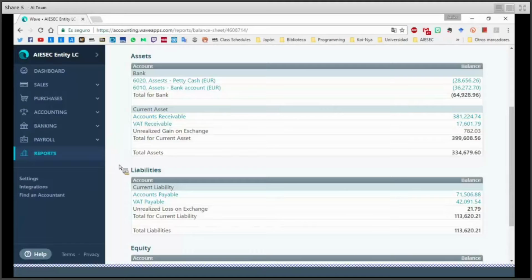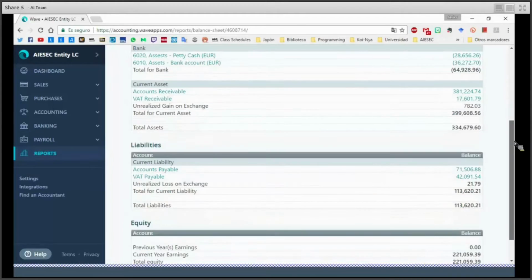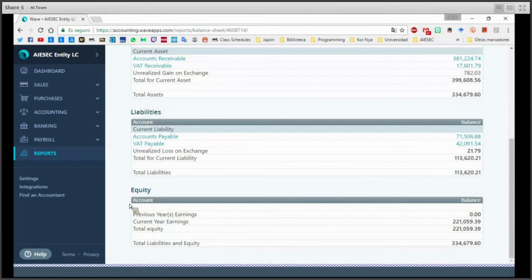Then in the second part, we have liabilities, such as current liabilities or unrealized loss on exchange, and then the total. And then equity, which is shown like the current year earnings, and then the other types of equities and so on.